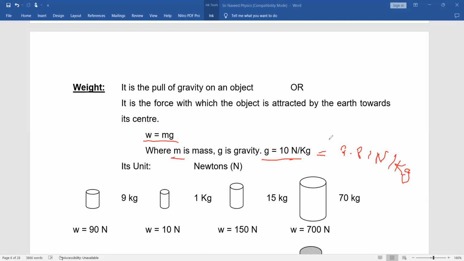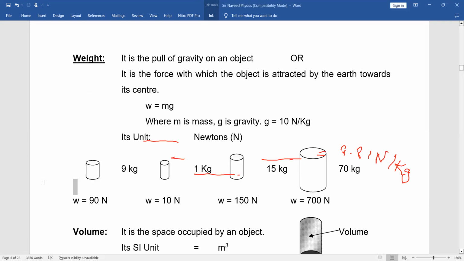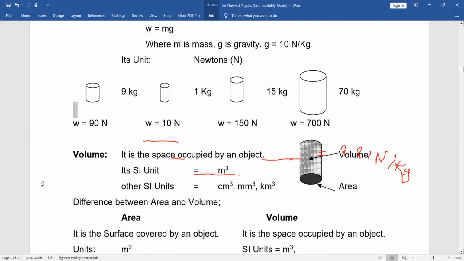Okay. Then we see the unit of the weight. Weight is always measured in Newton because weight is a type of force and the unit will be capital N. Then in the next we see we are taking some different masses.